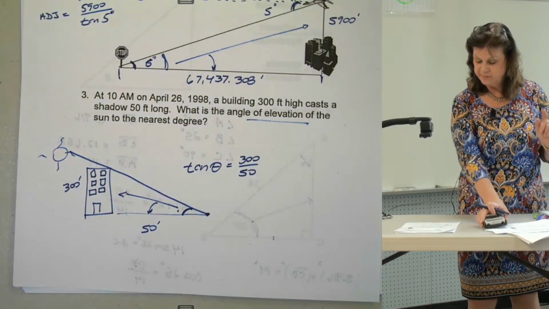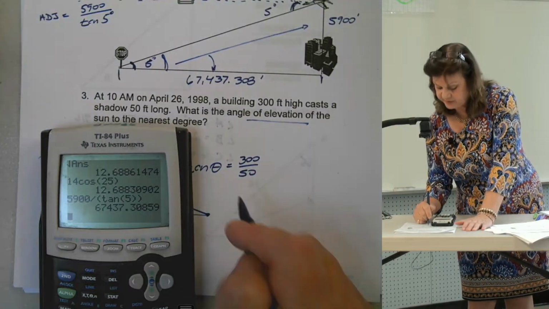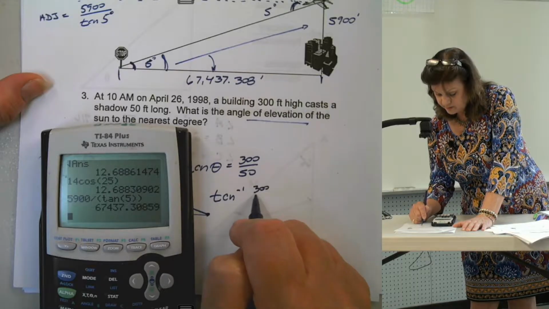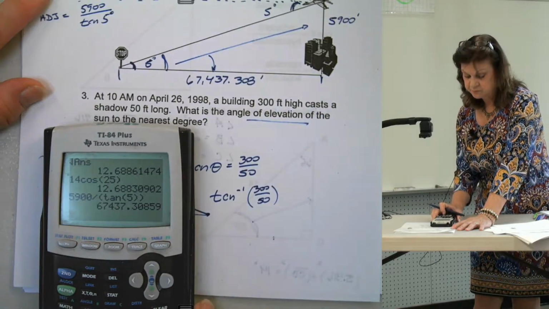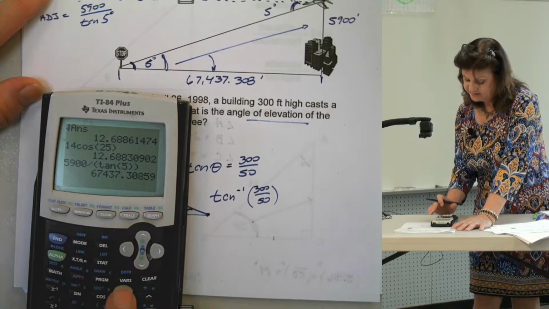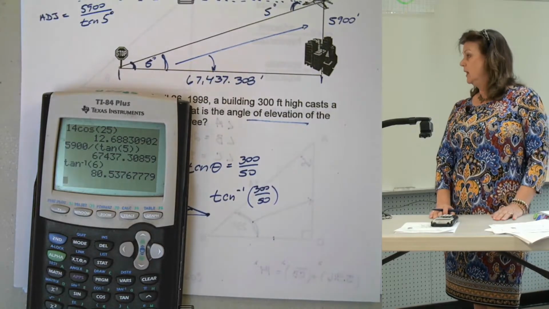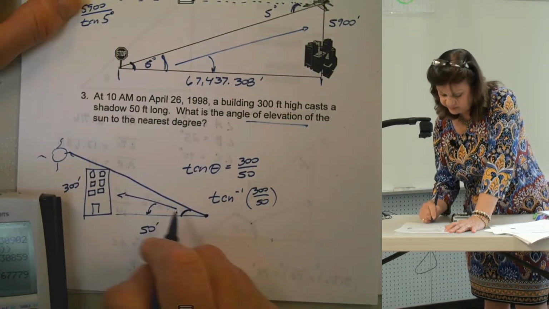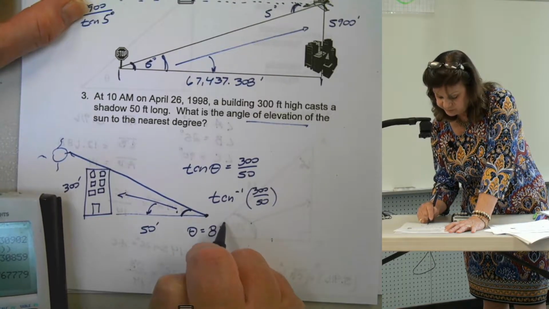So now, remember, you're going to be asking your calculator what angle has the tangent. Now you're doing your tan inverse. So what angle has the tangent of 6? And angles we round up. So we know that this angle of elevation is 81 degrees.